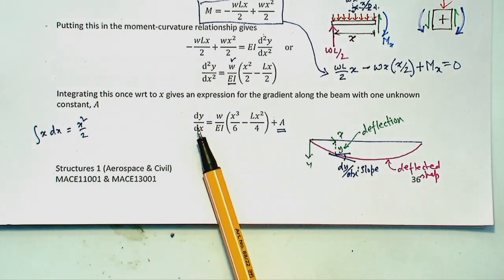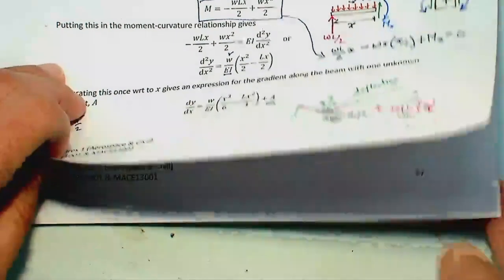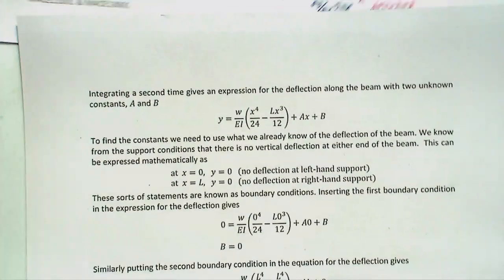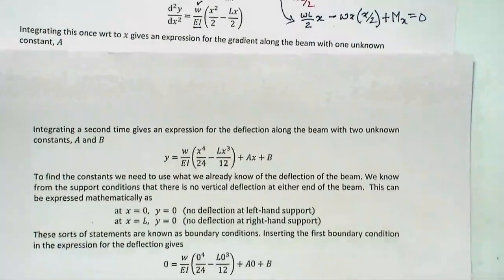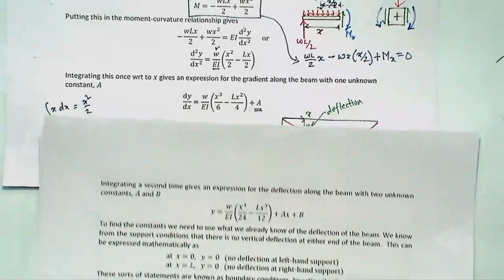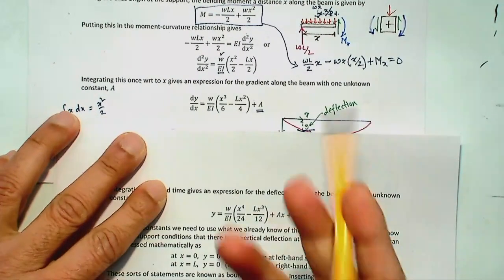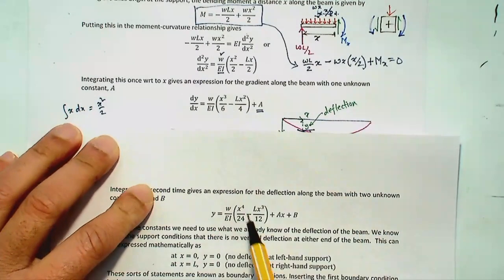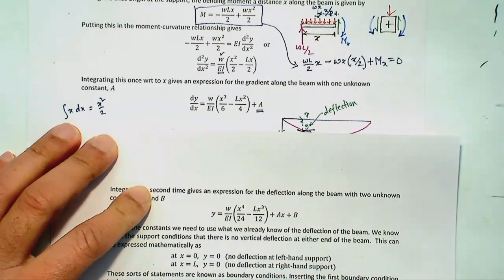Now if we integrate it once more, we will get the deflection. So if we integrate it once more, then I'll get x cube over 6, whose integration is x to the power 4 over 4, which gives you x to the power 4 over 24.